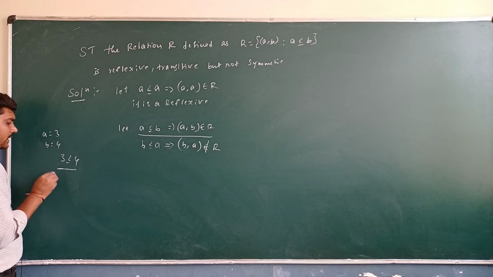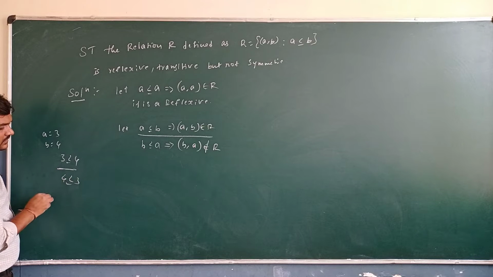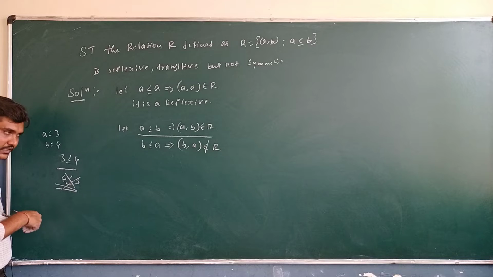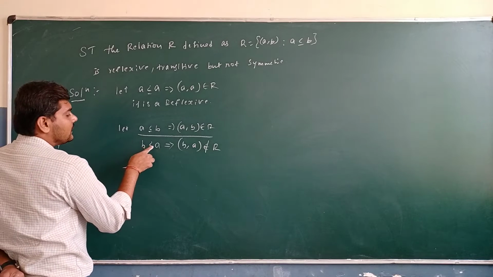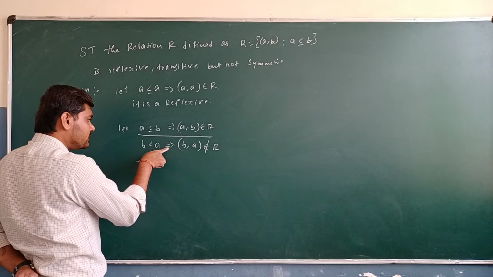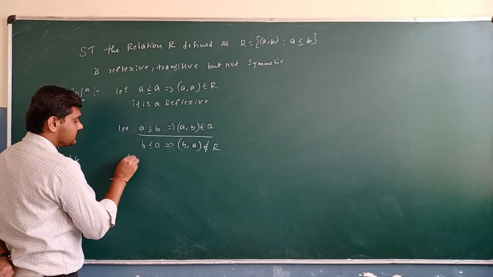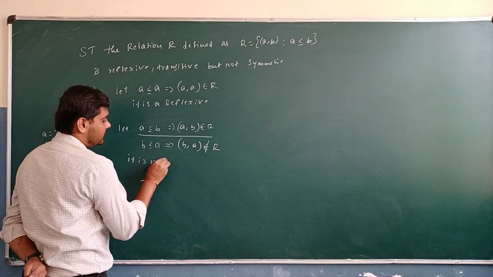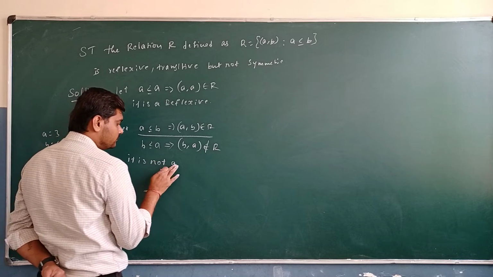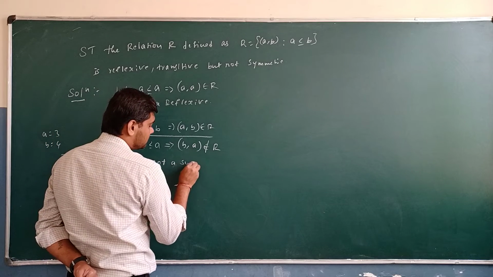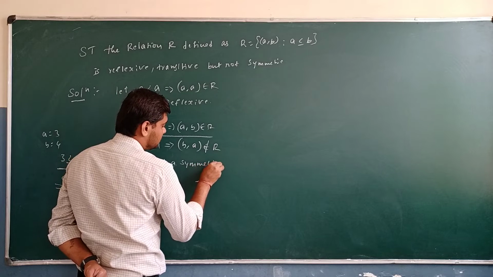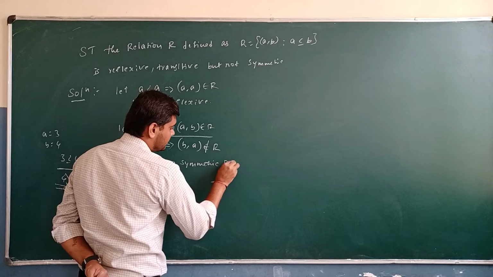But what about 4 less than or equal to 3? This property is not satisfied here. So b less than or equal to a, which implies that (b, a) does not belong to R. Therefore it is not a symmetric relation.